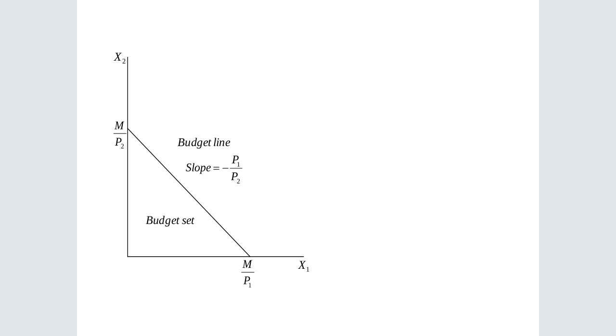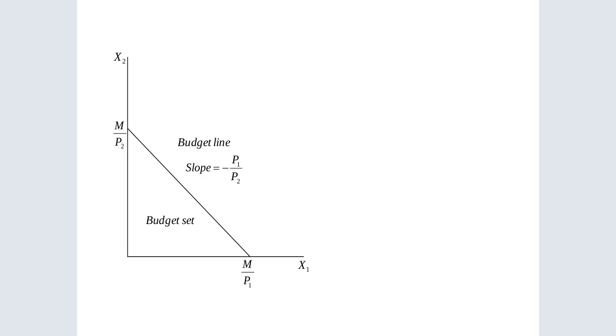Now if you look at the diagram that is presented, the budget line is simply the straight line that we have on that Cartesian plane. We have two goods, X1 and X2. Where that line cuts the y-axis, that is M over P2, and where it cuts the x-axis, that is M over P1.